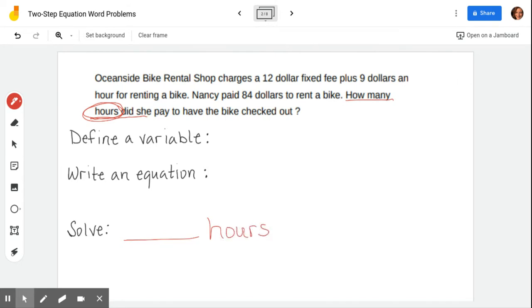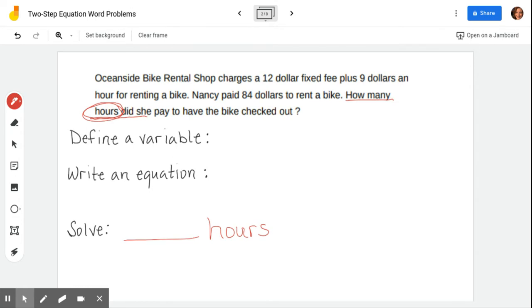A common misconception on this when you define a variable, I have a lot of students who look at problems like this. They know it's about money. So they'll tell me that the variable has something to do with the money, or they know it's a problem about bikes. So they'll give me something about bikes. What I'm actually finding is how many hours.